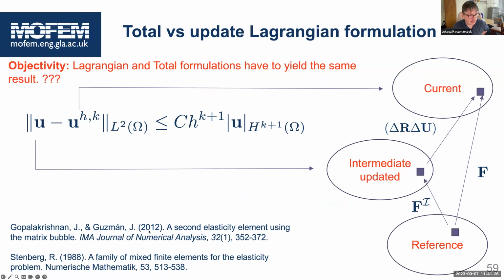There is an old theorem proven by Stenberg in '88 in Finland, and it shows that for small strains, everything was done so far for small strains. What we try to do novel over here, we try to do everything for the large strains and have additional benefits from the mixed formulation.